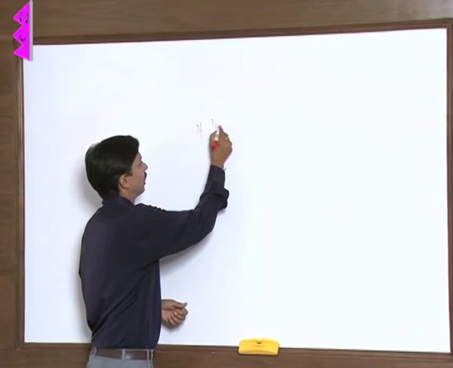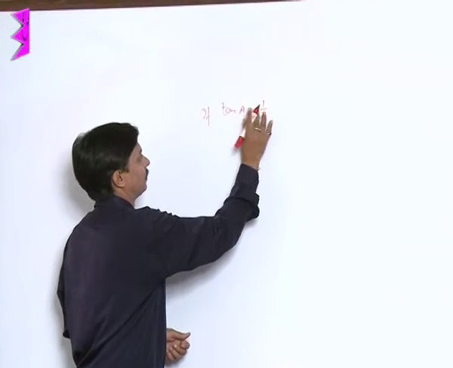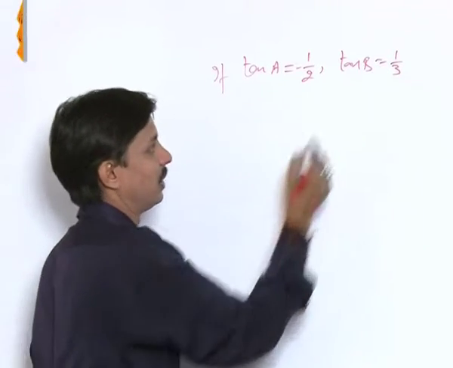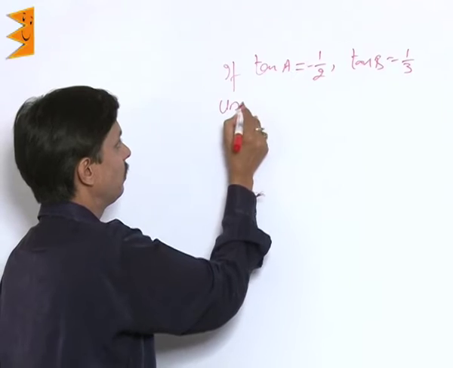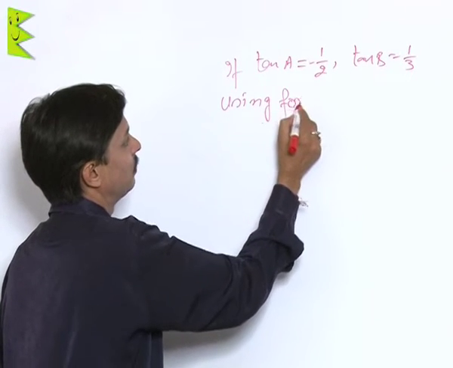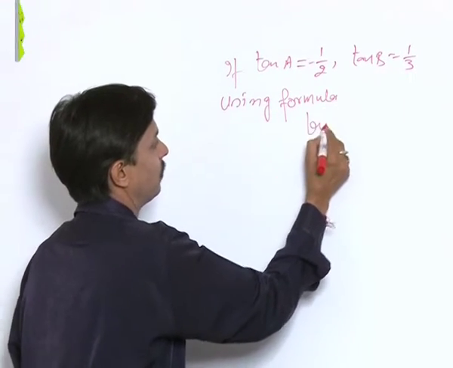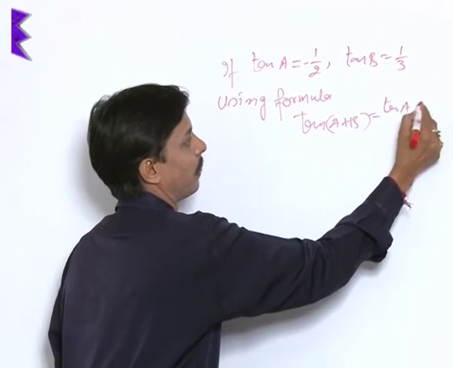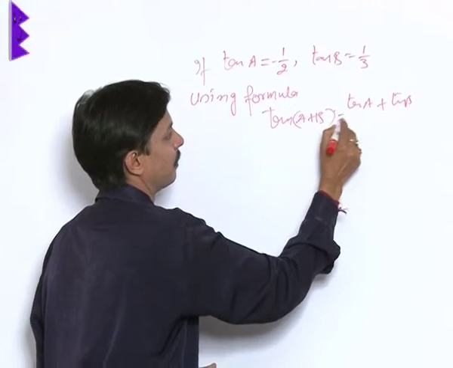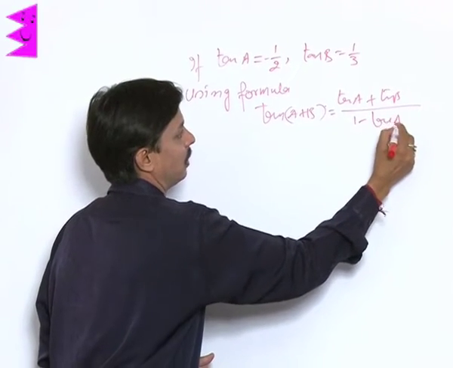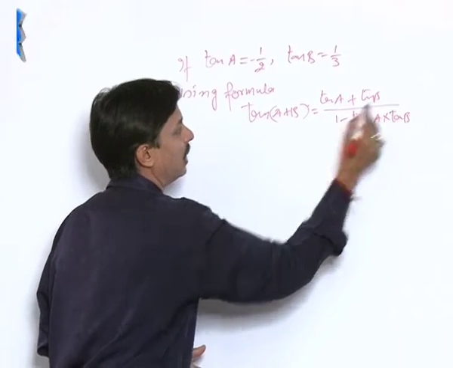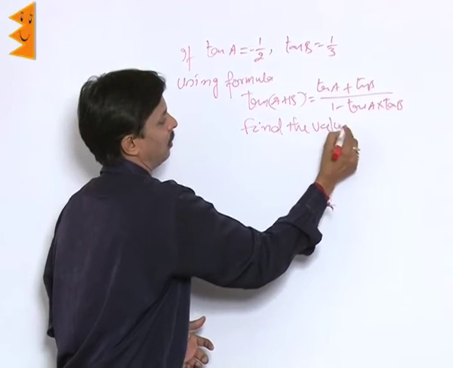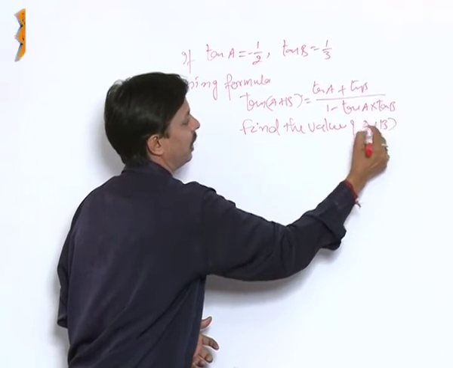If tan A is equal to half and tan B is equal to 1 by 3, using the formula tan of A plus B equals tan A plus tan B upon 1 minus tan A into tan B, find the value of A plus B in degrees.